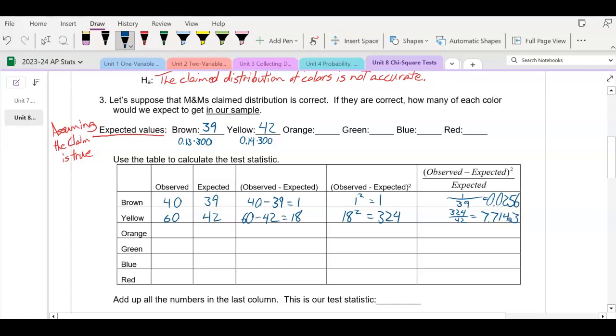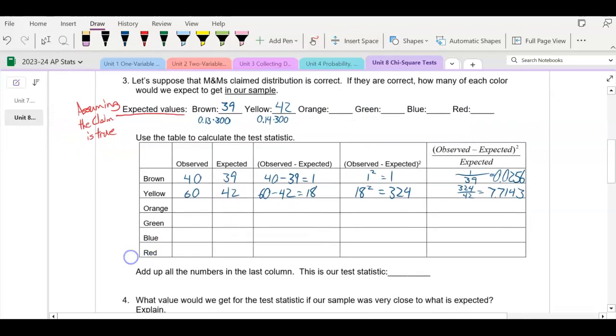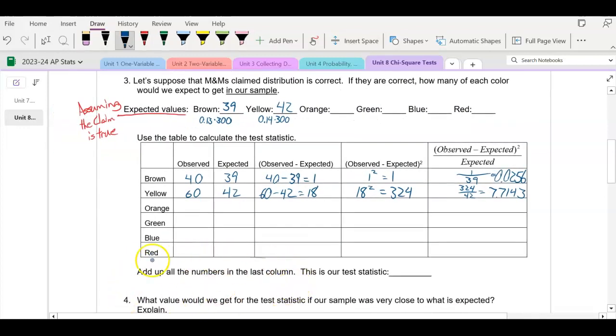We continue this process, and notice the last thing it says to do is add up all the numbers in the last column. So when we get all these values and we add these up, that sum is going to go right here, and that is our test statistic.